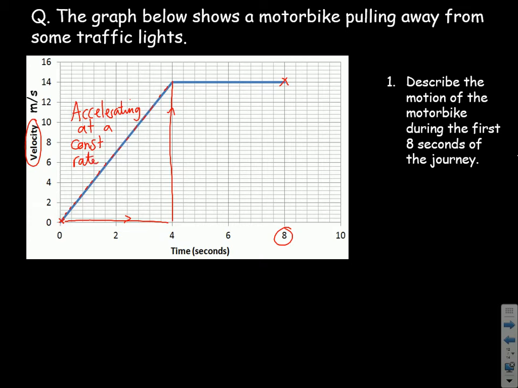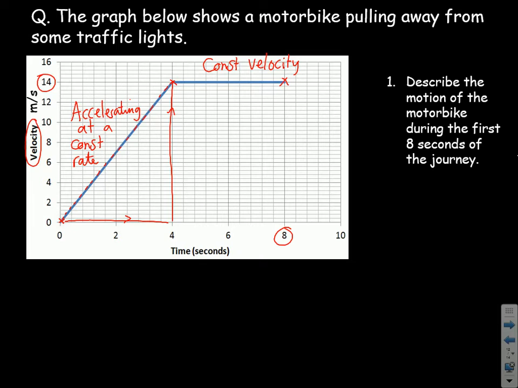Okay, and then up here its velocity is not changing. It's at 14 meters per second. That's not changing for the last few seconds. Therefore, it is travelling at a constant speed, or in this case, let's change that, constant velocity. Let's not confuse people. Constant velocity.